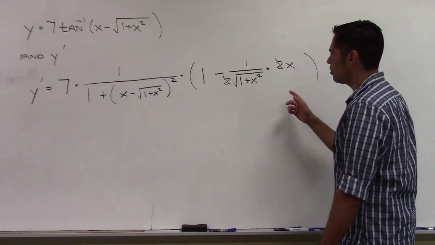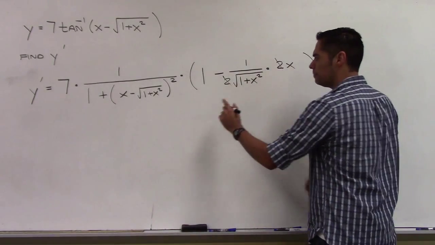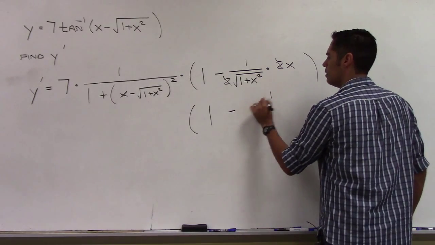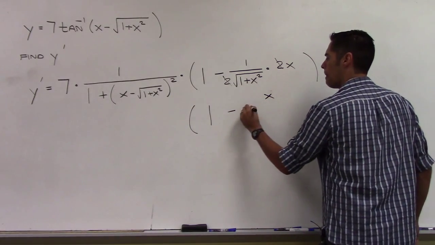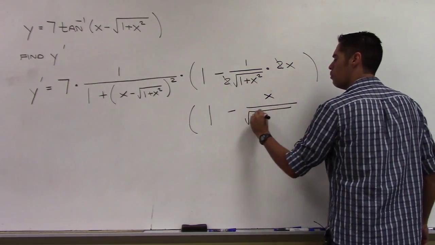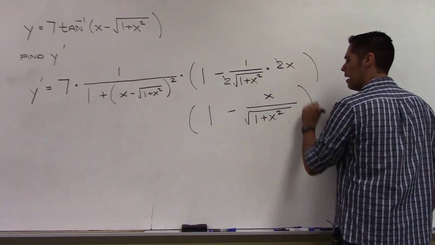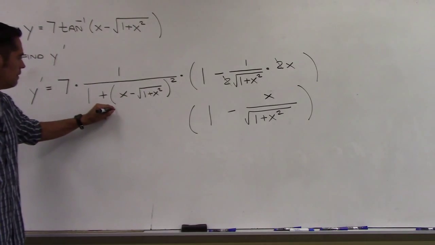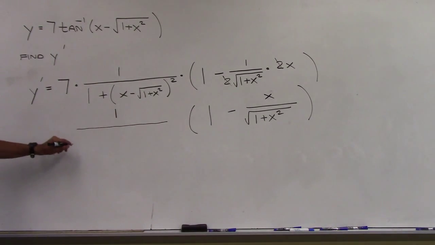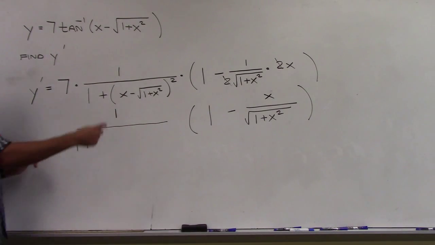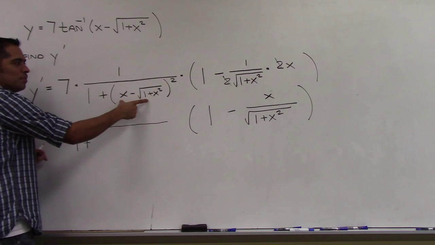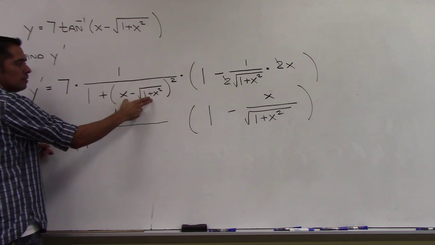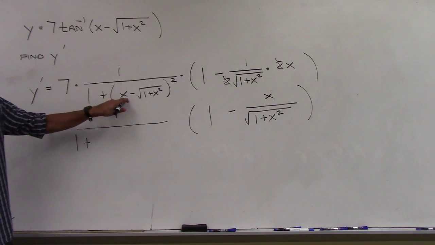What we're going to do first is take this right here, and I'll rewrite it x over square root of 1 plus x squared, like that. Over here, 1 over 1 plus, I'm going to square this, which means it's 2 terms, which means I have to FOIL this out. And that's going to be this term squared.